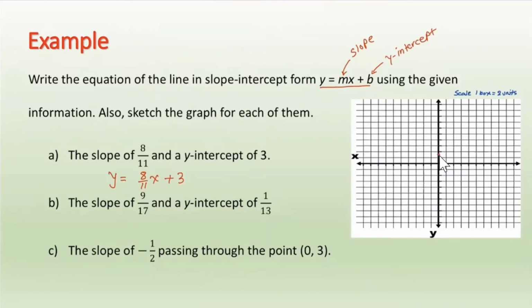You mark the y-intercept, and then your slope is 8 over 11, meaning you go up 8 units and then 11 units to the side. The rise is 8, so from here you go 8 units up: 2, 4, 6, 8, because we are counting by 2. That's your 8. You don't have to mark that point.